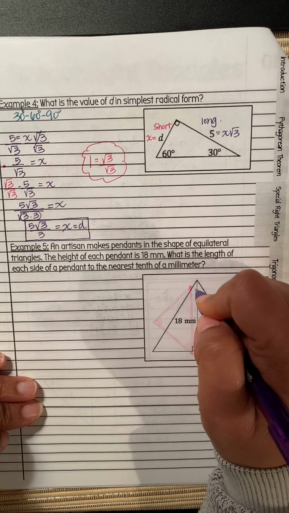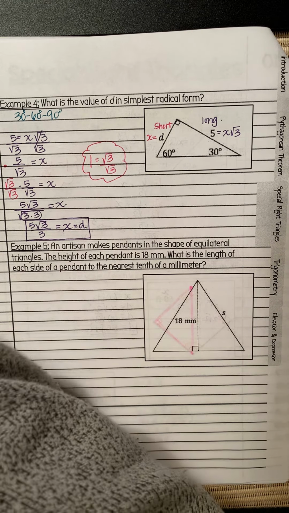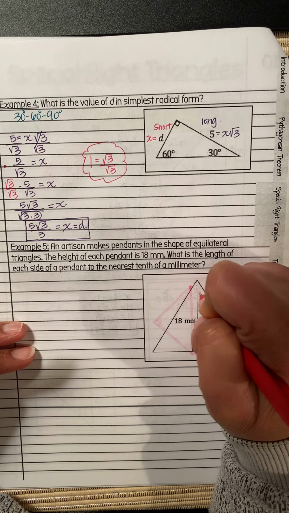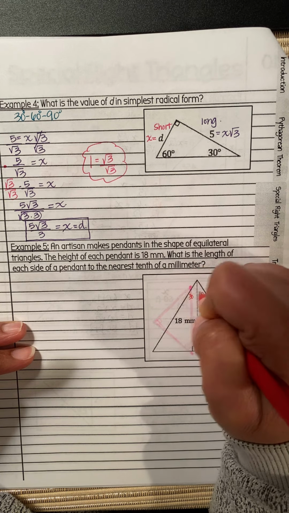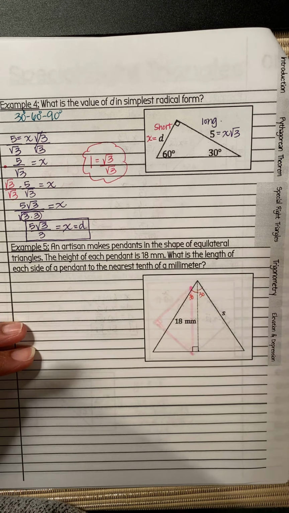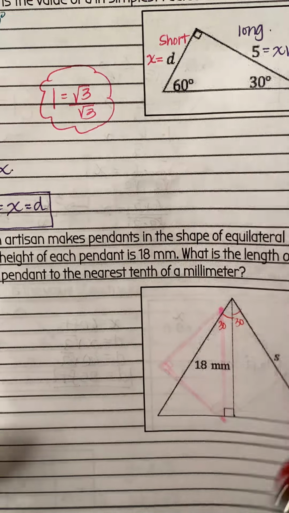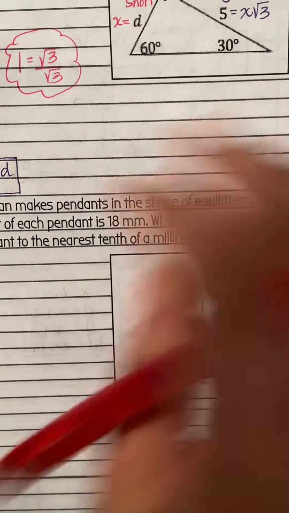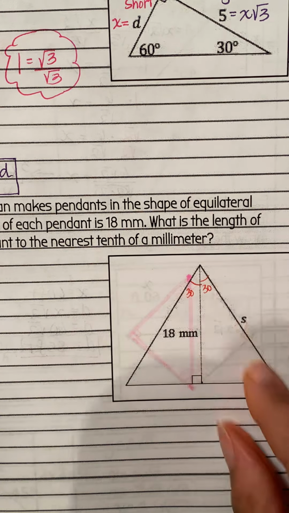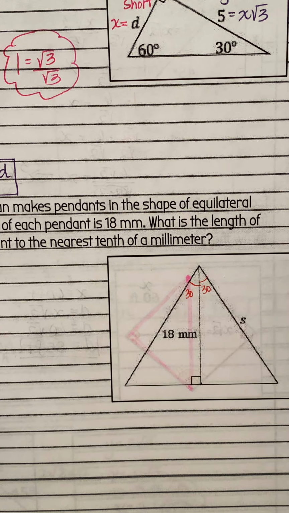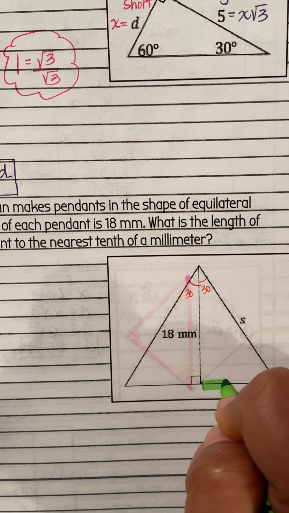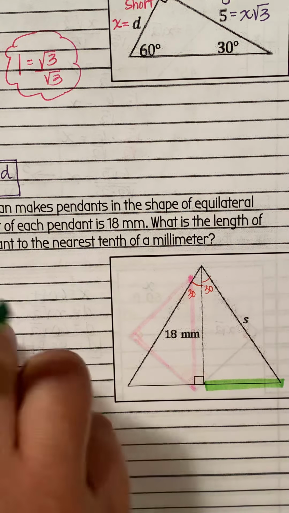So if this bisects this angle, right here is 30, as well as this is 30, okay? They're congruent, okay? And I'll zoom in a little, all right? They're congruent. So I am going to be looking at this piece over here, this triangle, and I am going to be concerned about this distance here, okay?